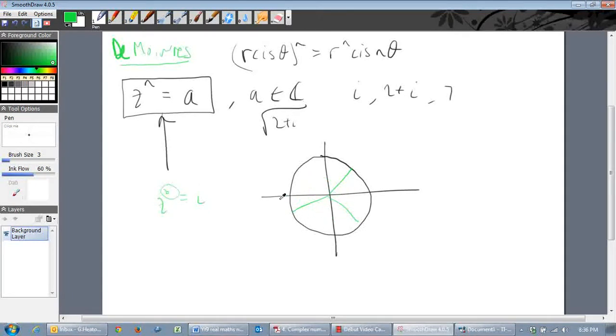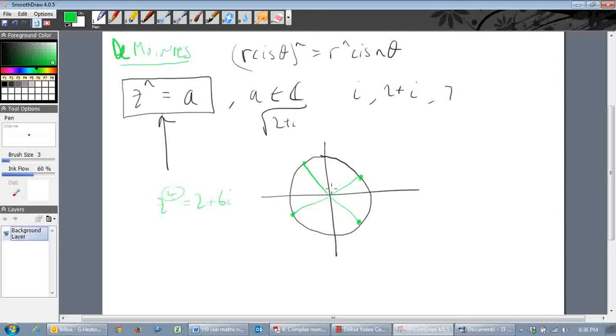Okay. If you have a fourth root, that might be a bit easy. If you've got something like z to the power 4 equals 2 plus 6i or something like that, what will happen is if your first root is there, then because it's going to divide it up into 4 equal pieces, your second root will be there, your third root will be there, and your fourth root.